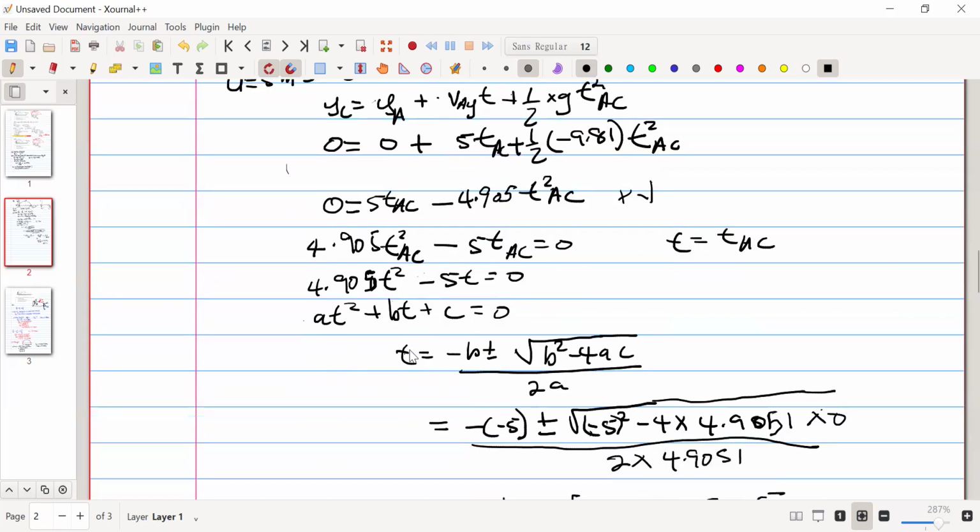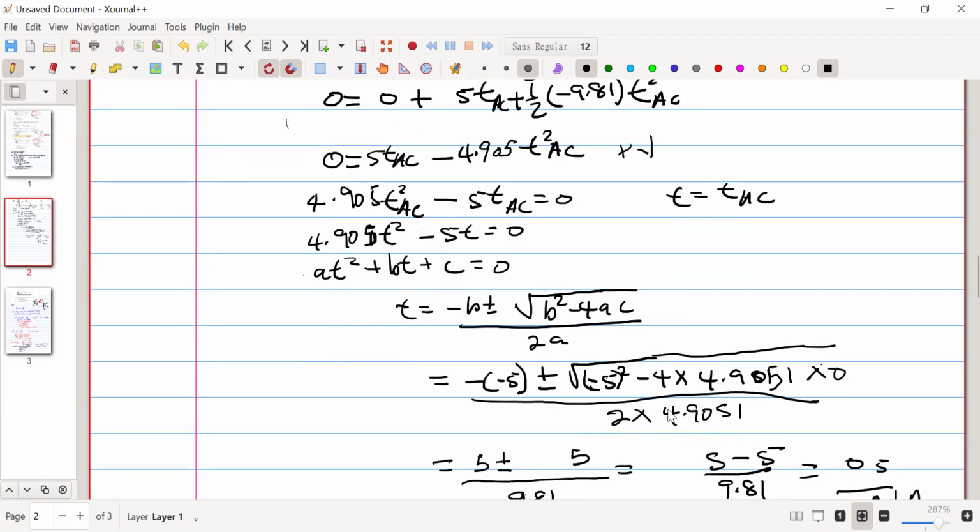And so we say that t, to solve a quadratic that is difficult to solve and cannot be factorized, is minus b plus or minus the root of b squared minus 4ac, all over 2a. Of course, c is 0 in this, so everything in this term here will drop out, but we'll put them in nonetheless.